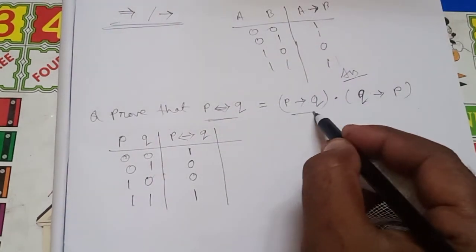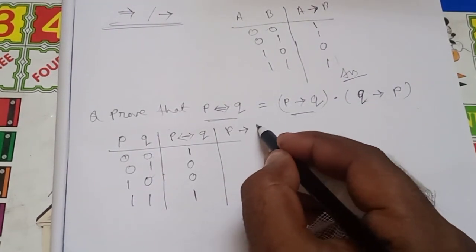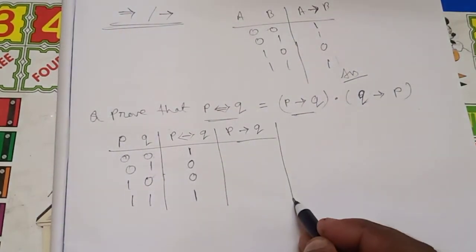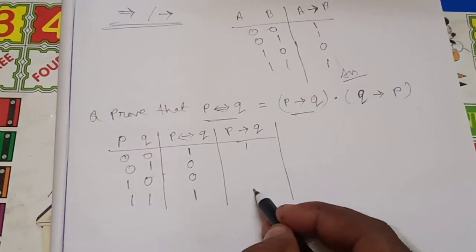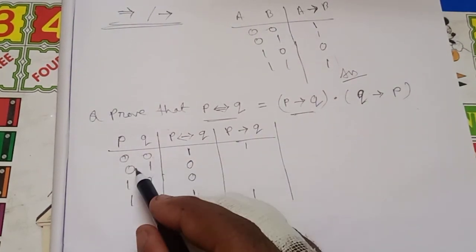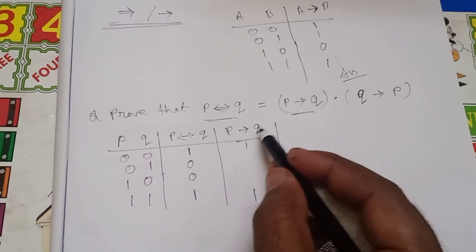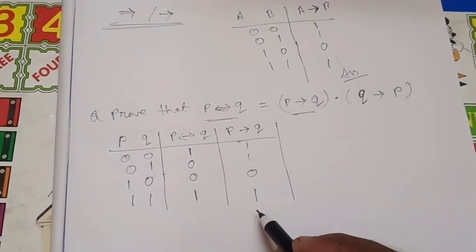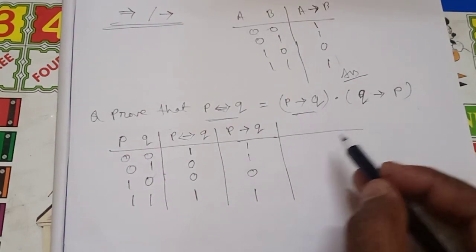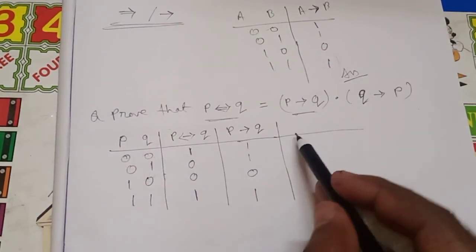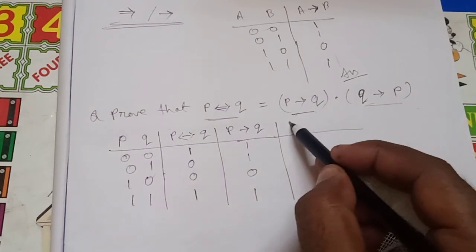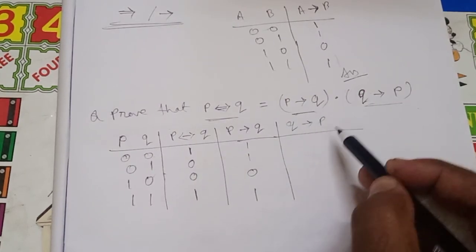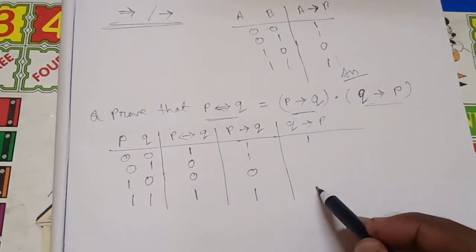Now we find P arrow Q. P arrow Q means when both are the same we write 1, and otherwise we write the value of Q because we are moving to Q. So Q is 1 0, so we put 1 0. Next we write Q arrow P. Both are the same, so first one and last one are 1.